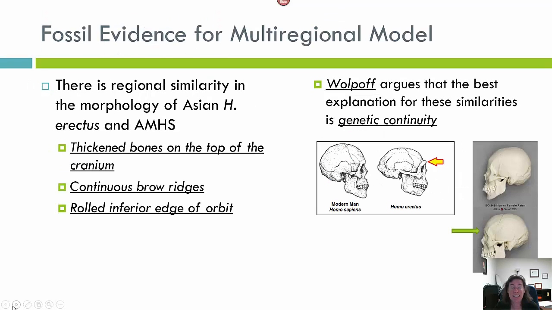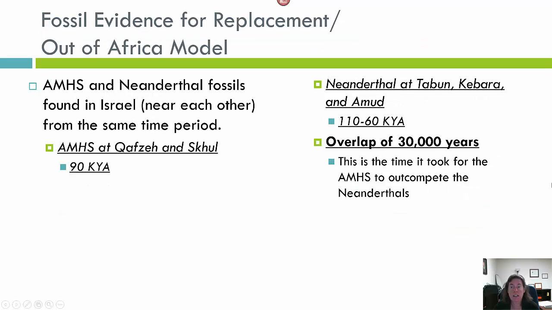The fact, let me reiterate, that there is this overlap of 30,000 years is inconsistent with the multi-regional model, because the multi-regional model says that one gave rise to the other. The fact that they occurred at the same time is support for the out of Africa model.